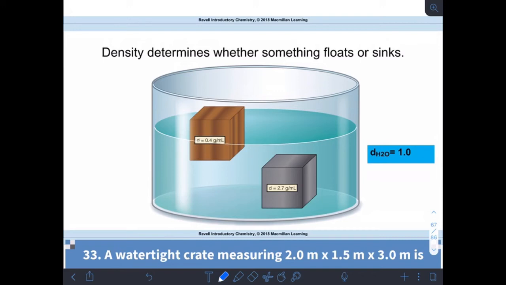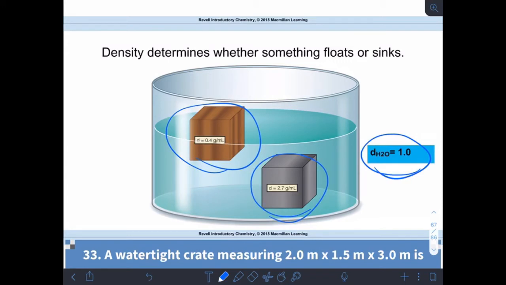So if the density of water is 1 gram per milliliter, and the density of this particular block, probably a wooden block, is 0.4 grams per milliliter, it will float. So as long as the density of whatever you're looking at is less than the liquid that it's in, it will float. If the density is more than the liquid you're in, the thing will sink.